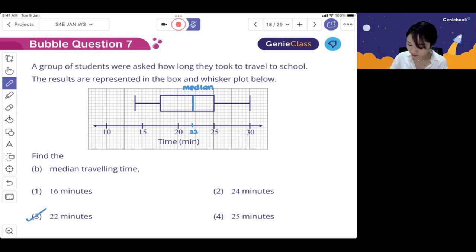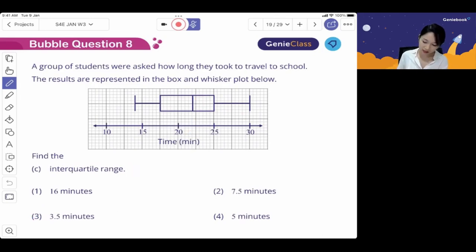Very well done. Now bubble 8. Same question, but this time the interquartile range. 30 seconds starts now. To find the interquartile range, the formula is to take your upper quartile value minus your lower quartile value.